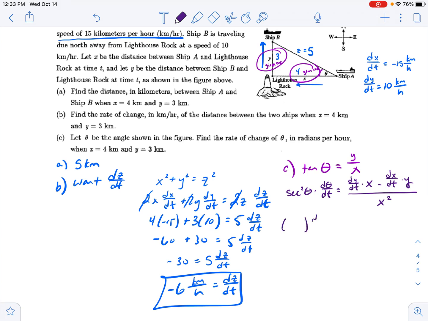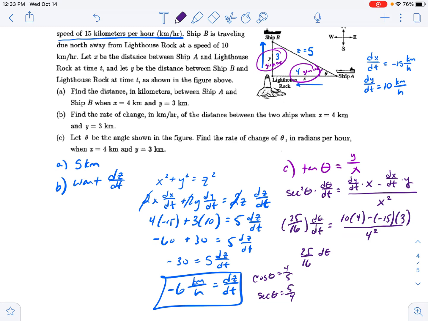All right, and so now we need the value of secant squared theta, and we need to sub in what we know about these other values. dy/dt was 10, x was 4, dx/dt negative 15, y 3, x 4. Secant squared theta. Here it's pretty easy to get the cosine value. Cosine of our angle, adjacent over hypotenuse, would be 4/5. So the secant value is 5/4, and if I square that, we get 25/16.